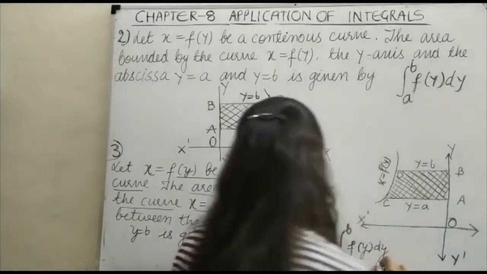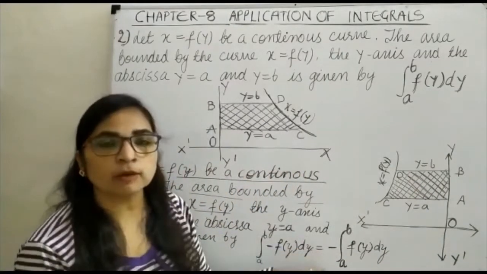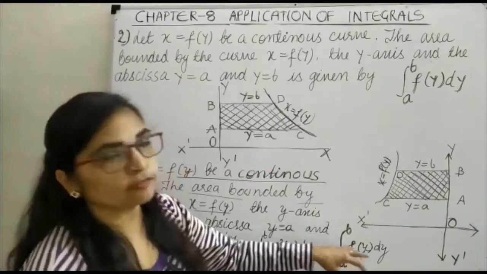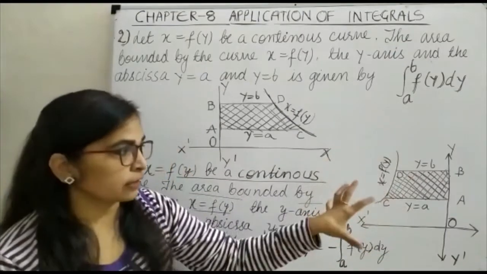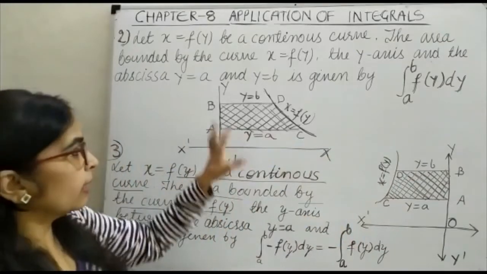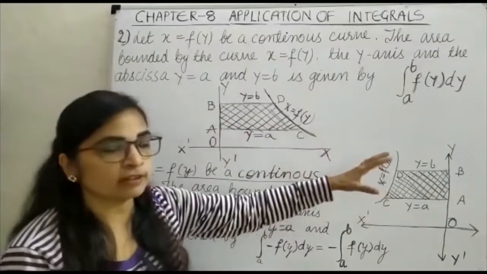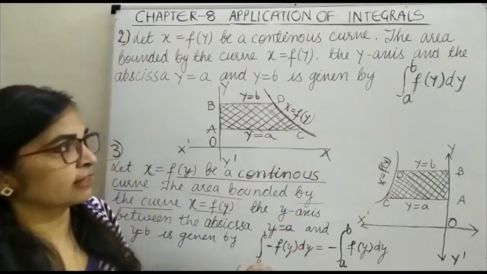This is given by the integration from a to b of minus f(y) dy, which is equal to minus the integral from a to b of f(y) dy. As you can see, the curve and the area you are finding lies towards the left, and the other is towards the right. So since it is towards the left, that is why we have considered the minus sign.